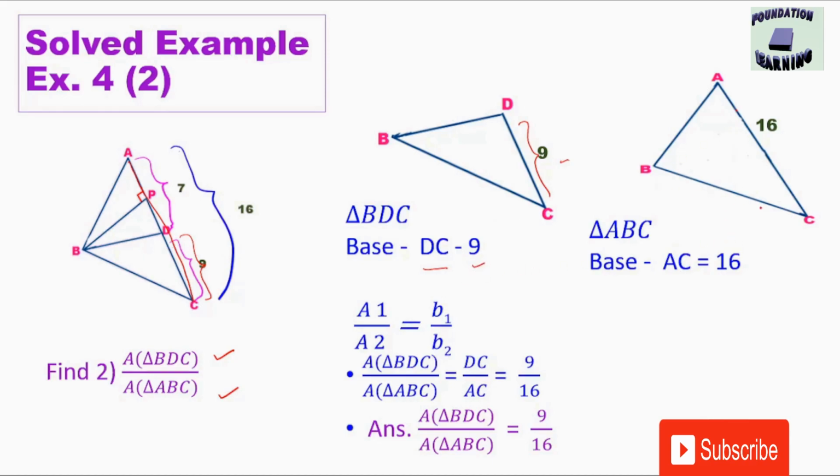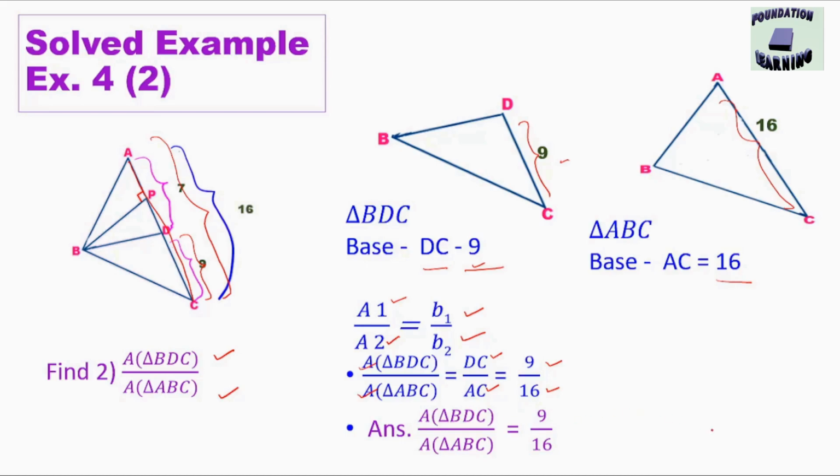And in triangle ABC, base is AC, this entire thing, the big one. We did it in the previous part also. So AC is 16. So now once again, what is the formula? A1 upon A2 is equal to B1 upon B2. So area of triangle BDC upon area of triangle ABC is equal to DC upon AC, which is 9 upon 16. 9 is B1, 16 is B2.